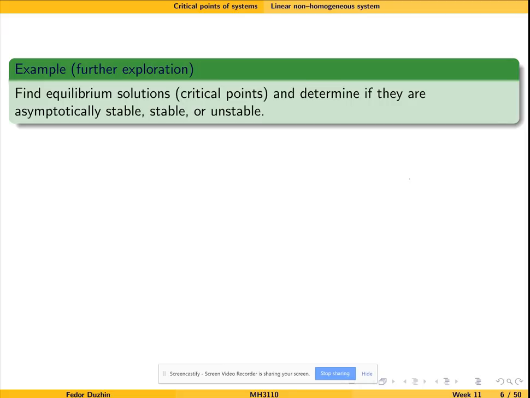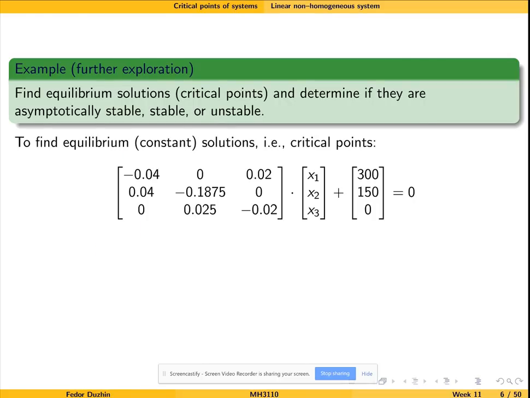For an equilibrium solution, we must have dx/dt equal to 0. So in order to find equilibrium solutions, we need to equate the right hand side of the system to 0.